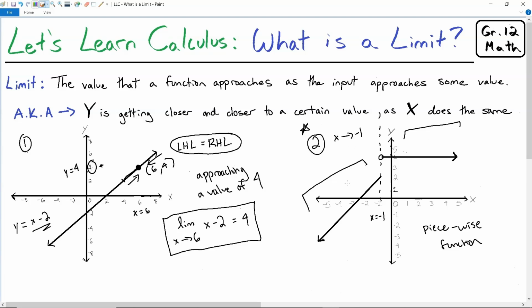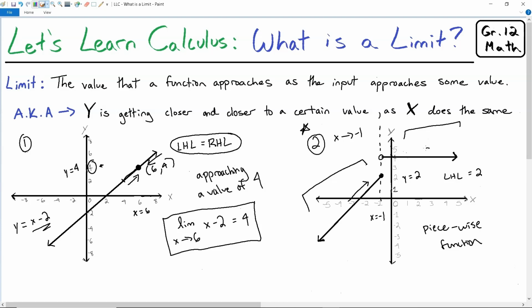If I'm approaching from the left, I would be going up this line here, and I would be approaching this point where y equals 2. So in this scenario, the left-hand limit is approaching 2 when we're approaching x equals -1.